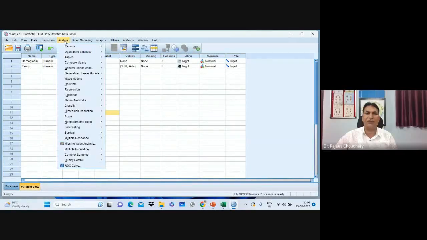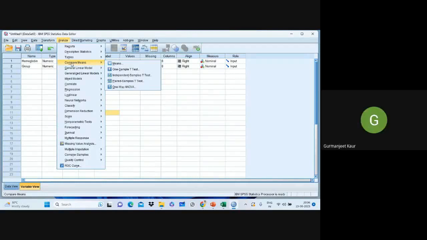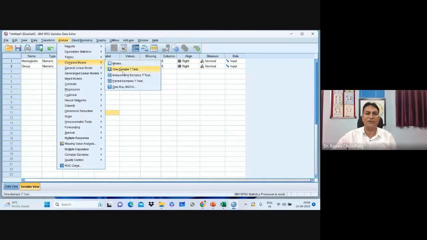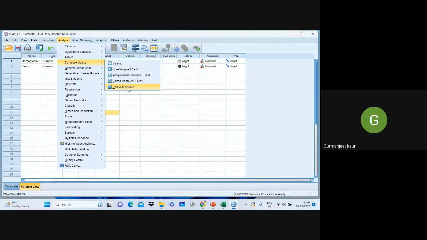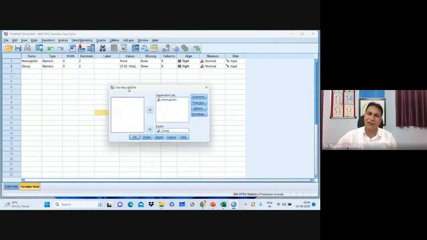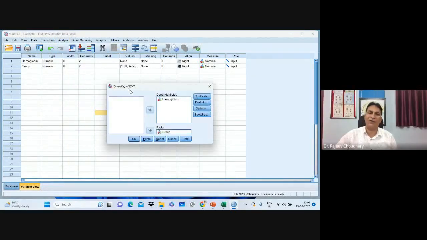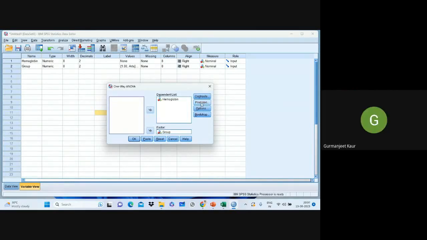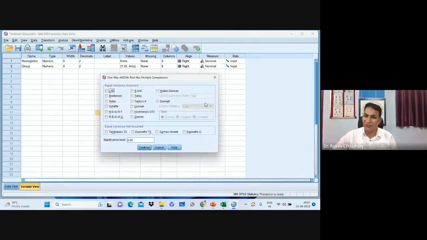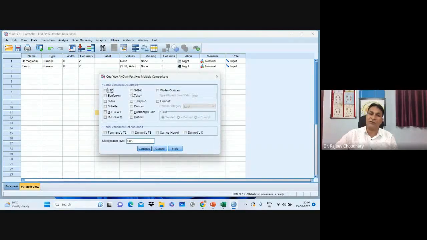Click on Analyze, then Compare Means, then One-Way ANOVA. Now click on Post Hoc. You will find a long list.